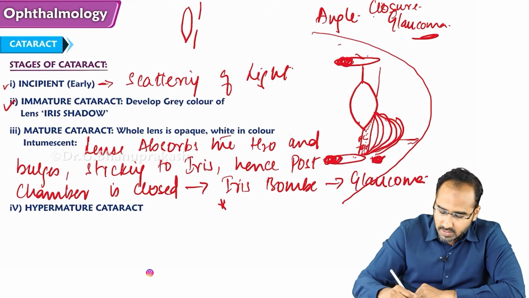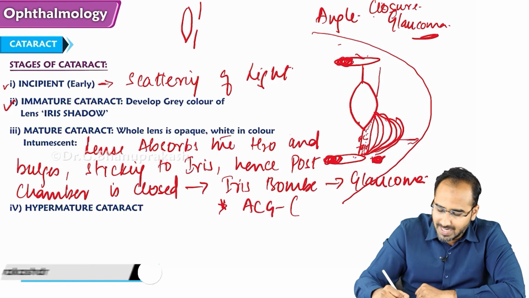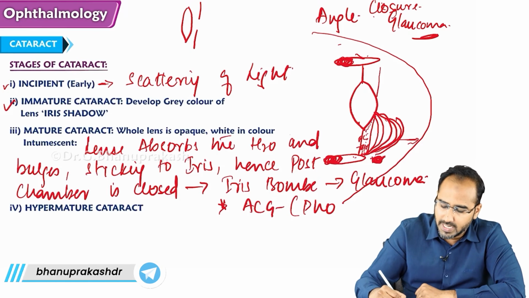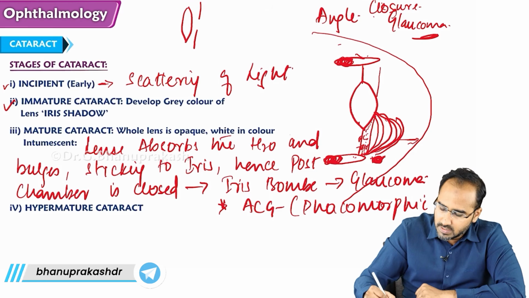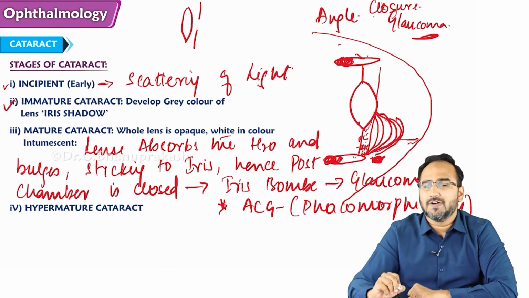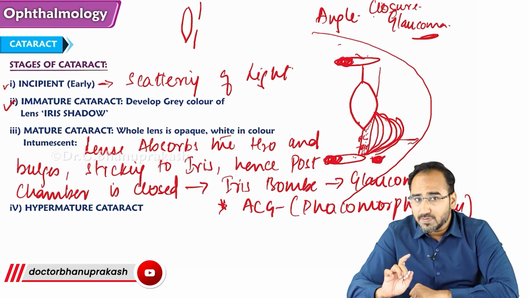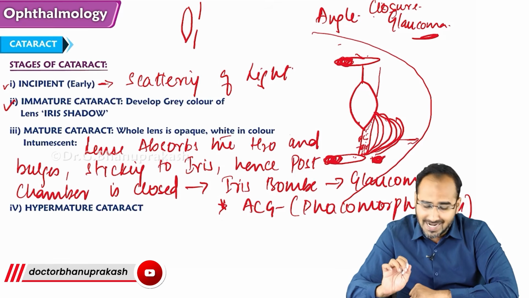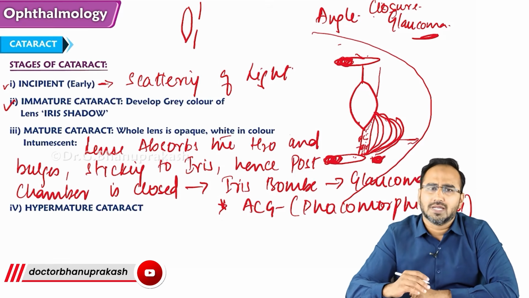Which glaucoma? ACG. What is ACG? Angle closure glaucoma, and this is also called phacomorphic glaucoma. I hope everyone understood this, due to intumescent. So this was happening in the mature stage of the cataract. The last stage of the cataract is called hypermature.